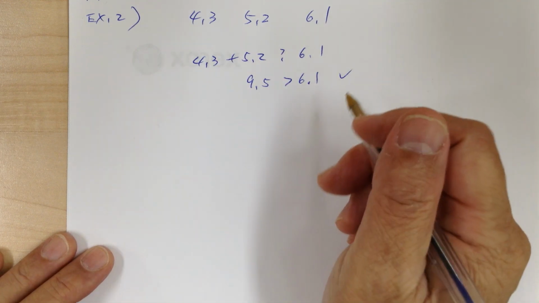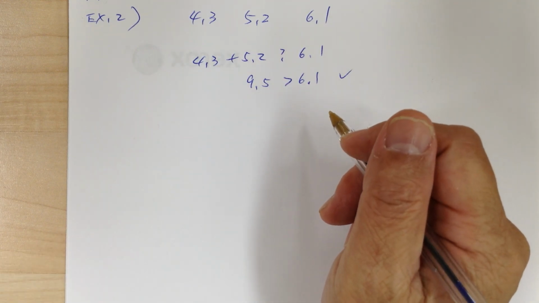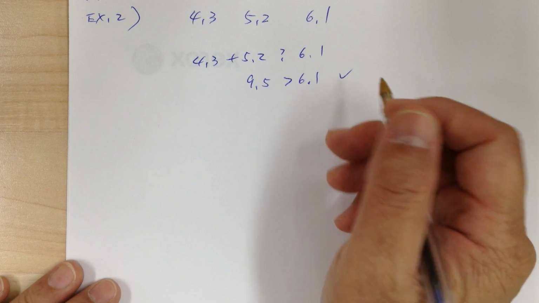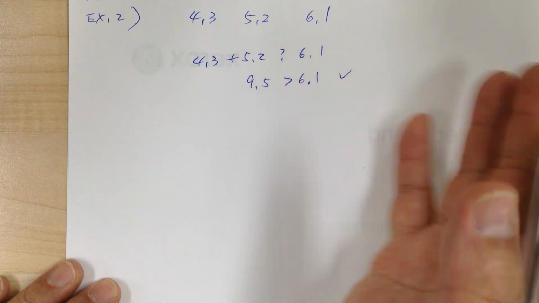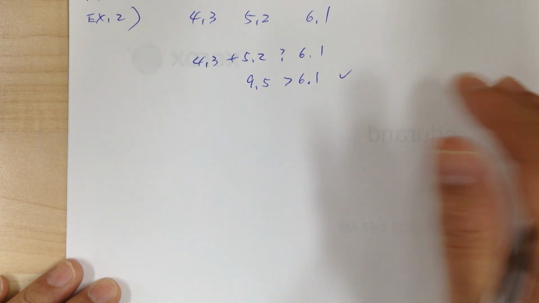So next, let's check the Pythagorean theorem. Again, personally, I'm used to putting the hypotenuse on this side.